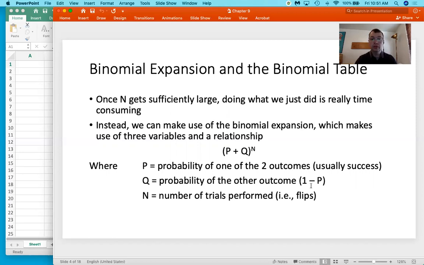Q is always equal to 1 minus P, because something has to happen on any trial, coin flip for example, heads or tails has to result. So there's a 1.0 certain chance that something will happen. That 1.0 is split up between P and Q. Sometimes it's 50-50, 60-40, and so on, but it has to add to 1. And then N is going to be our number of trials or flips.